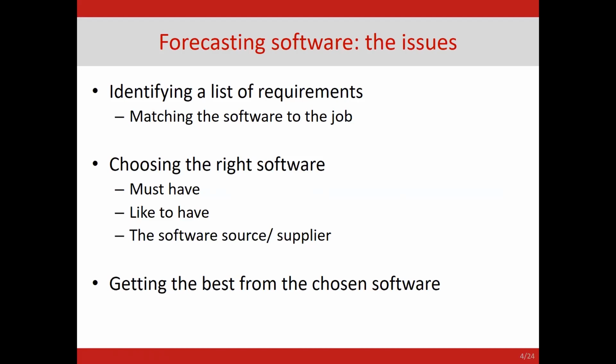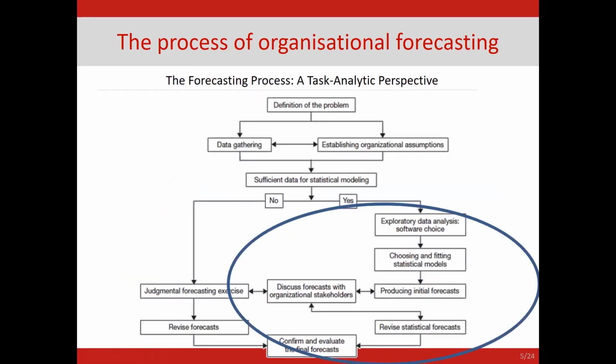So if you look at the overall process of organizational forecasting, that's one of the fairly complicated slides, but I've circled the areas that we're going to be concentrating on. We're going to assume away the rather important aspect of whether there's sufficient data for the statistical modeling. We're not really going to be talking about new product forecasting.